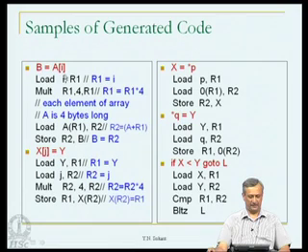B = A[I]. So, load I into R1. So, now the value of I is available. What is I? It is the offset within the array A. Multiply R1 by 4 and put the value in R1 itself. Each of the elements of the array is assumed to be 4 bytes long.